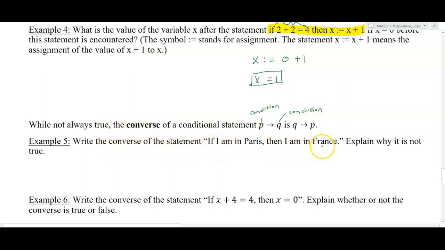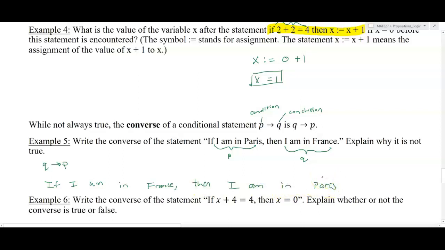If I am in Paris, then I am in France. Well, the first thing I want to do is identify P and Q. So there's P, I am in Paris, and I am in France is the statement Q. And so to write the statement Q then P, I would say, okay, if I am in France, then I am in Paris, and clearly that's not always going to be a true statement.